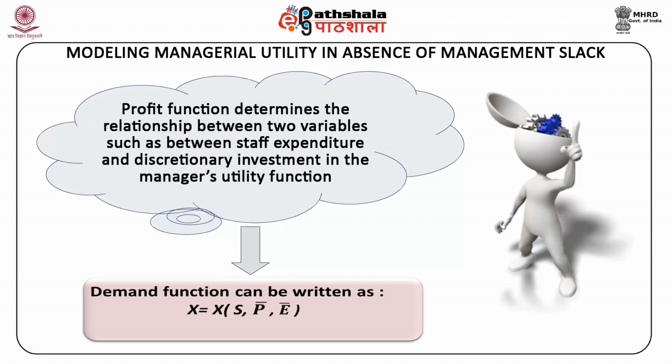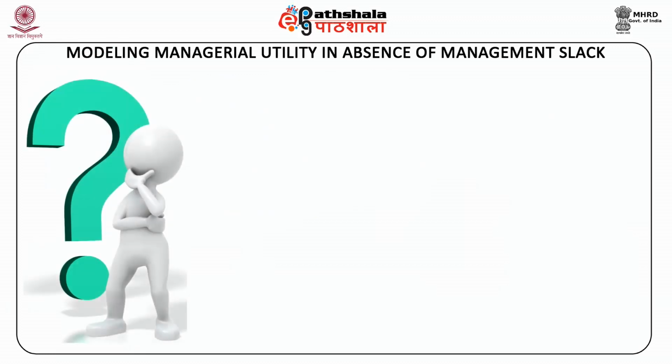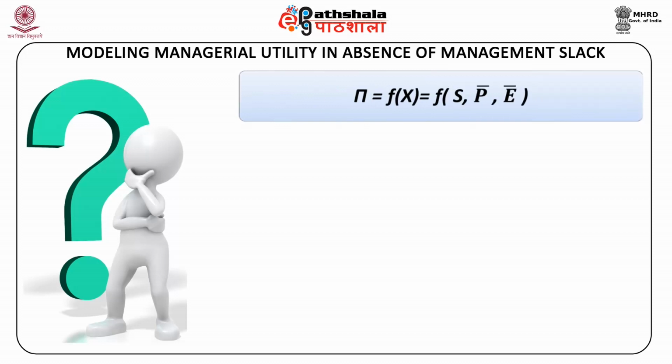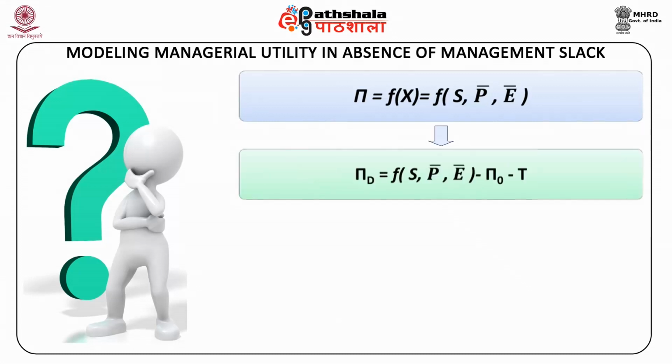s is staff expenditure, p bar and e bar are exogenous price and market conditions respectively. For exogenously given price and market condition, profit of the firm is functionally dependent on staff expenditure. This can be written mathematically as pi is a function of x, which is a function of s, p bar, and e bar. Now comparing equation 6 and equation 14, we can rewrite discretionary profit as pi d as a function of s, p bar, e bar minus pi 0 minus t.